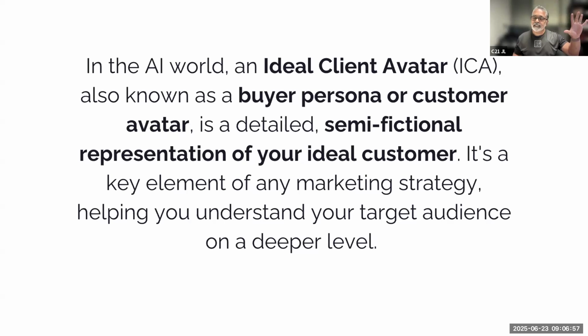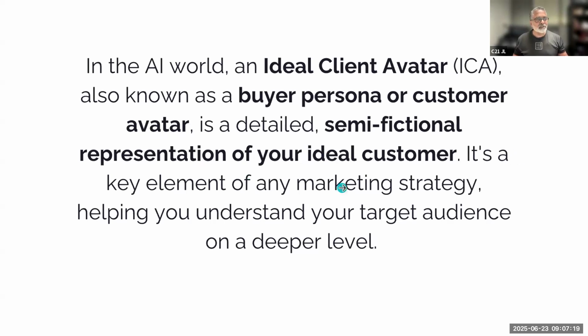Now create me content, because you've given it everything your ICA is: who they are, what they believe, what their fears are, their wants and desires, aspirations, goals, everything. So it's a detailed, semi-fictional representation of your ideal customer. It is work, and I'm going to teach you how to break it down.